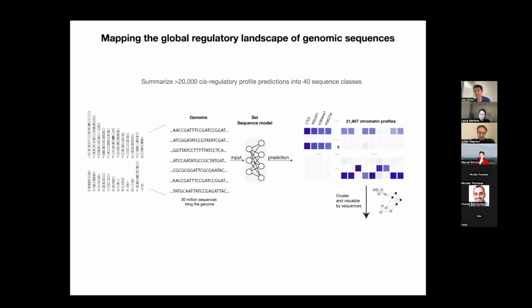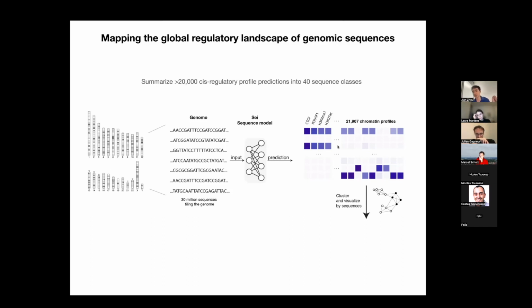We considered both clustering and matrix decomposition approaches, and in the end we decided to do something simple. We just use a graph clustering algorithm to cluster them into different groups, and we call those clusters sequence classes. We can also use that to give a quantitative score for every sequence.